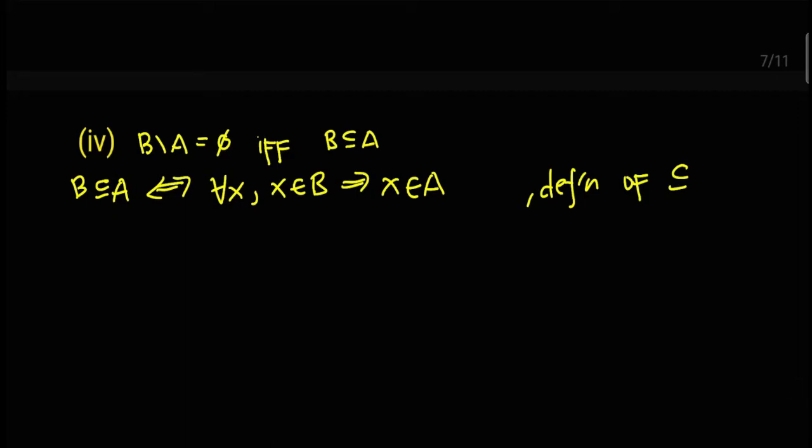Now, in logic, we have equivalent statements, or what we call tautological equivalence. P implies Q has two equivalent statements. This is equivalent to its contrapositive. The contrapositive of this statement is not Q implies not P. Again, that's from logic.